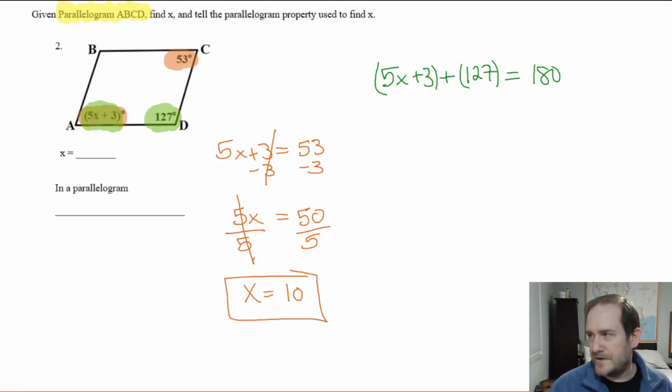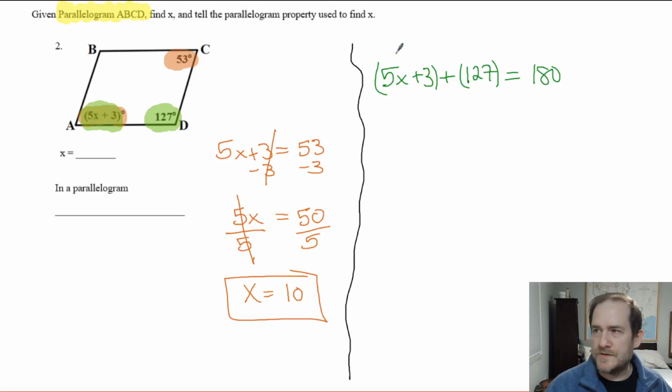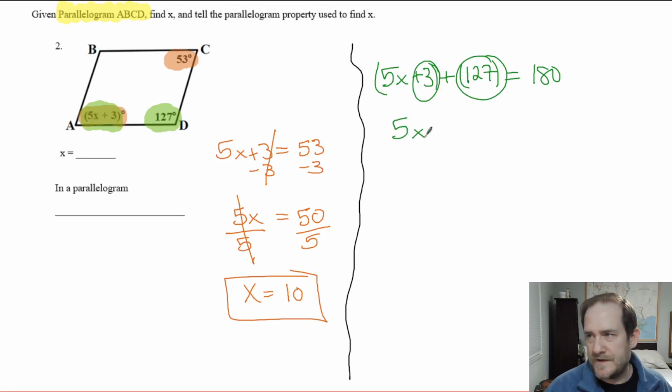So now, just out of curiosity, what if we had set this up the other way? Well, the first thing you would do to solve this is simplify the left-hand side, because I see a 3 and I see a 127, and I can combine those. So this would become 5x plus 127 plus 3, which is 130. That equals 180.